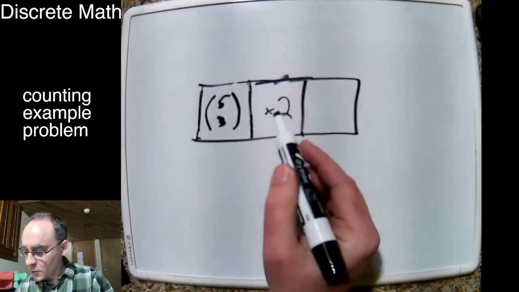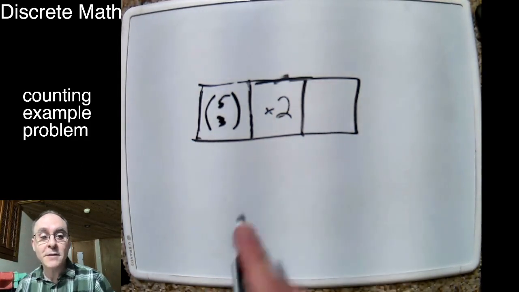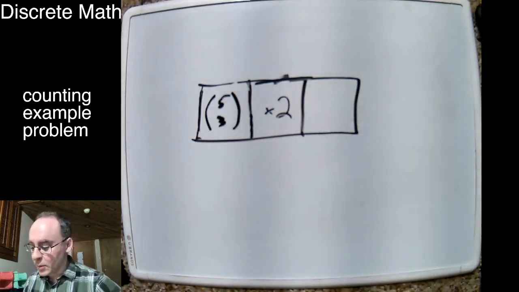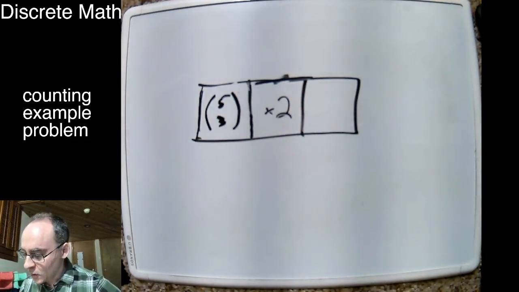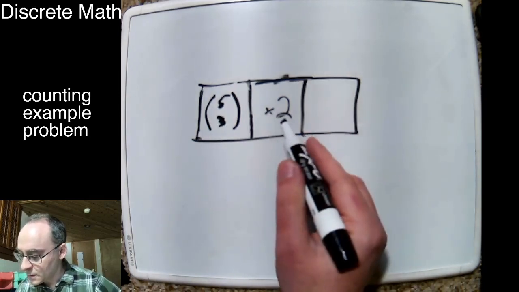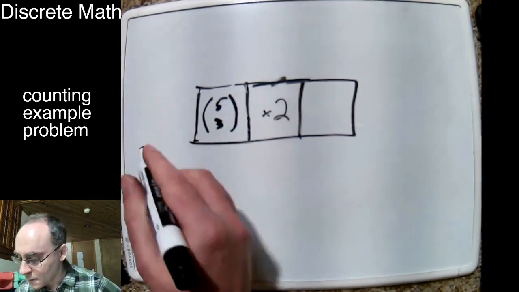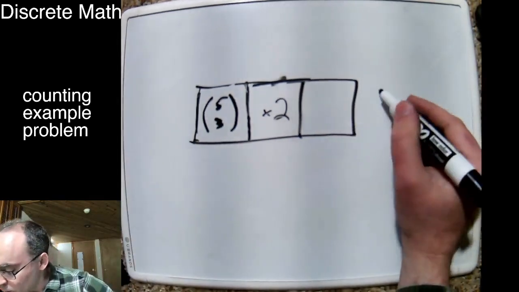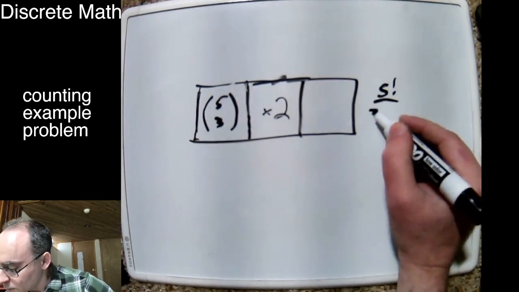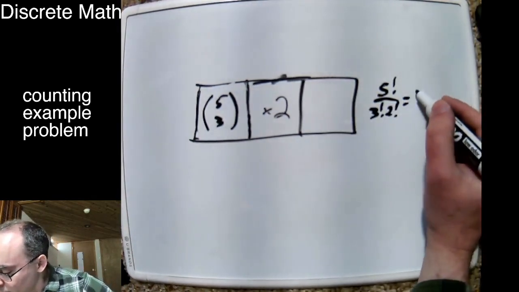And once I make the choice of which ball to put in this box, I've only got 1 ball left, so I don't have any choice as to what goes into that last box. So if I put 3 balls in the first box, then I have only 2 choices left after that, and that fixes everything. And so in this 3-1-1 arrangement, how many possibilities are there? Well, 5 choose 3 is 5 factorial over 3 factorial 2 factorial, which is equal to 5 times 4 over 2.